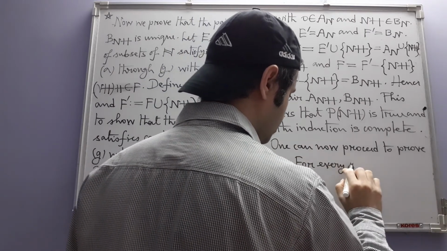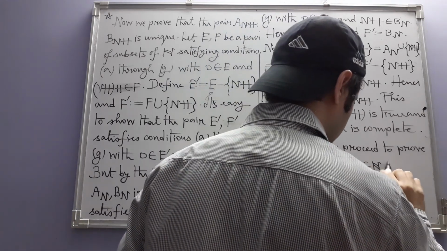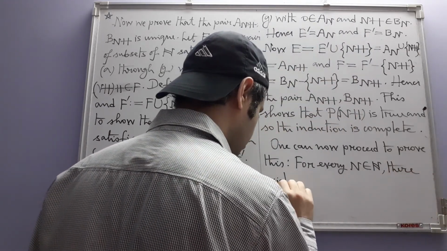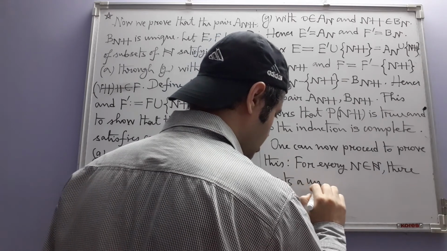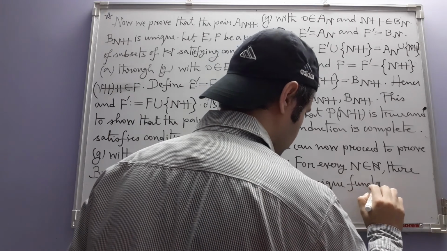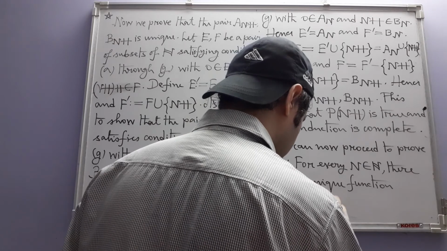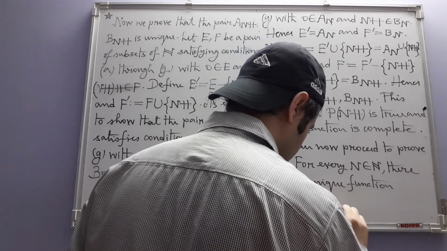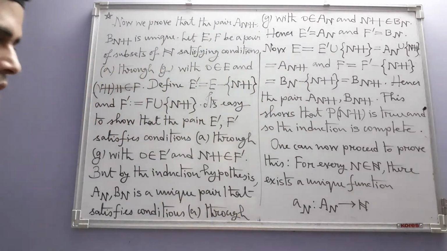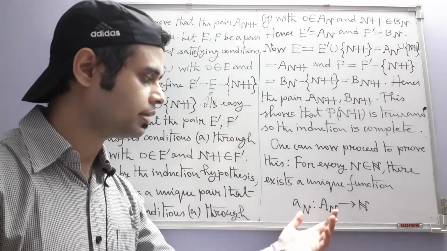For every natural number n, there exists a unique function an from An into N. Do you recall the suggestion that was given after the hint in the exercise?